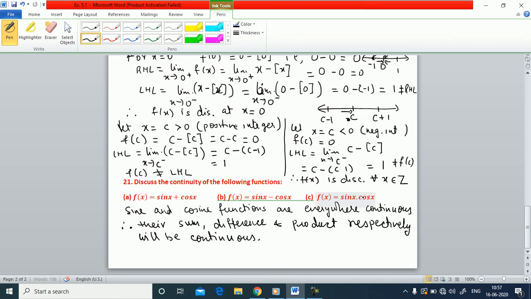And if two functions are everywhere continuous, their product will also be continuous. So therefore we can say f(x) is everywhere continuous for all the three parts, for parts A, B and C. I hope you could get an idea how to check the continuity of a function using these examples.